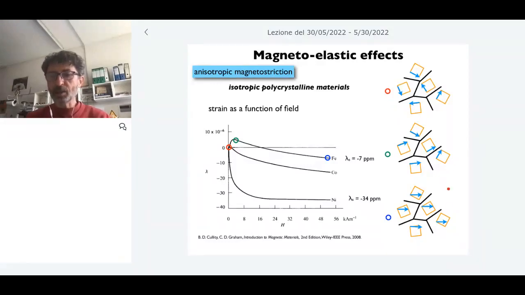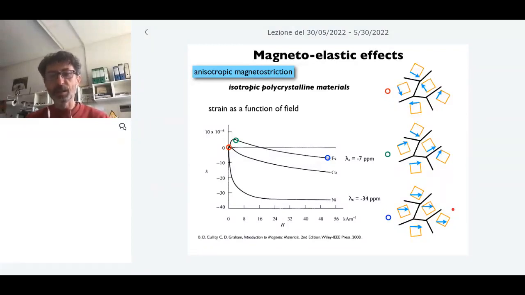In the second, we force the magnetization out of the easy axis. So you may imagine that the two magnetostriction coefficients, the one along the easy axis, the 1, 0, 0 for example for iron, and the one along the diagonal, the 1, 1, 1, combine with each other.